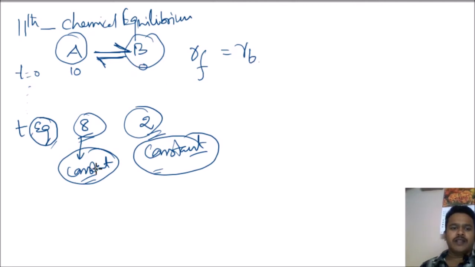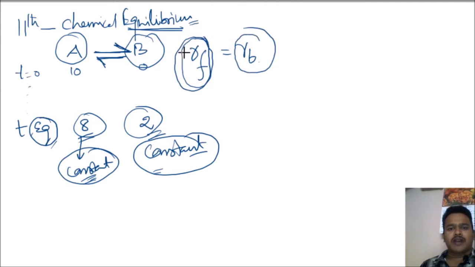That is why they can maintain constant values at a particular state, and that state you studied as the equilibrium state. What is the definition of equilibrium? The state at which the rate of forward reaction equals the rate of backward reaction is called equilibrium. Here chemical species are involved, so that is chemical equilibrium.